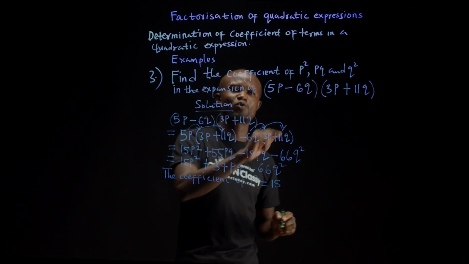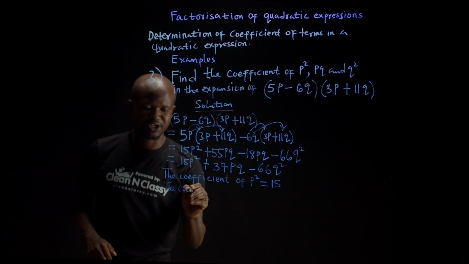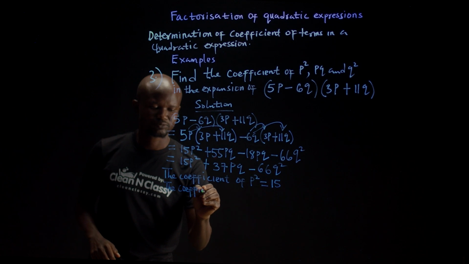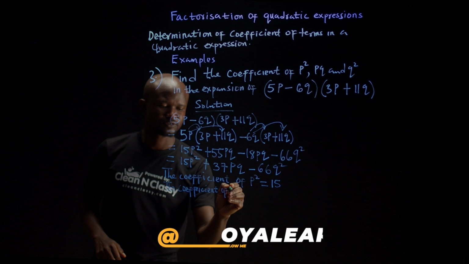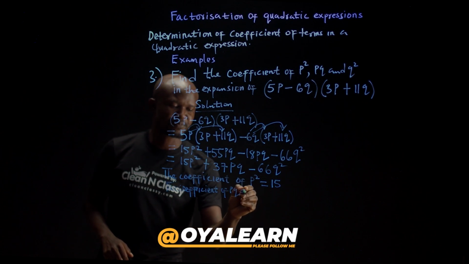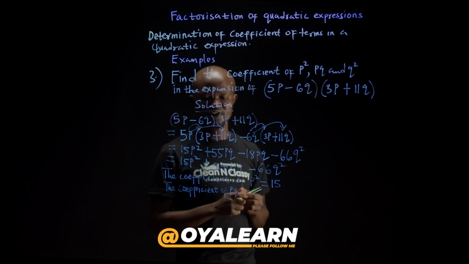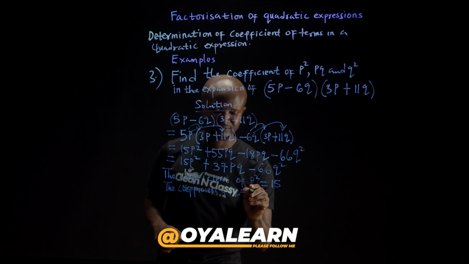We also need to find coefficient of pq. The coefficient of pq is the number in front of pq. What is the number in front of pq? 37.